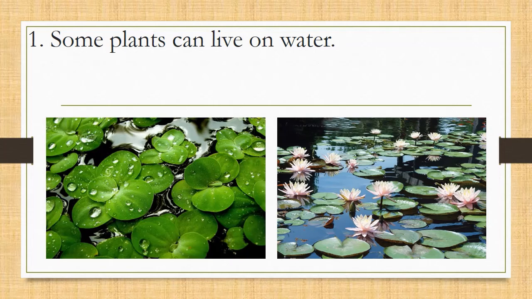From our science book, we read from page 45, some plants can live on water, just like this one. Can you see? They live in water. They live on water.